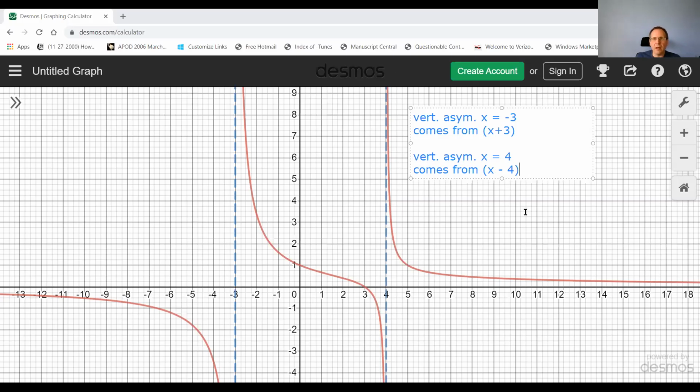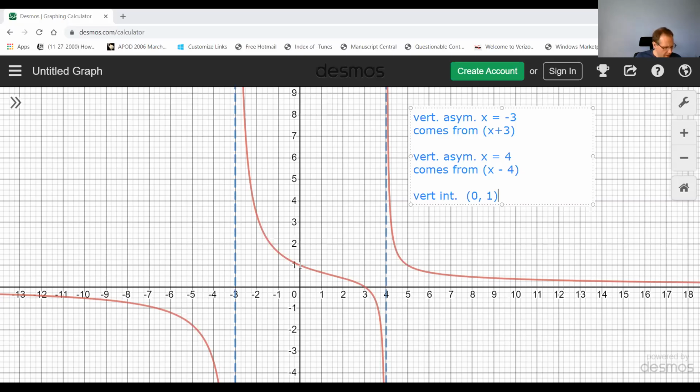We know that there's a vertical intercept of 0, 1, right? That's where it's passing through the y-axis, the vertical axis. So there's a vertical intercept right there at 0, 1.